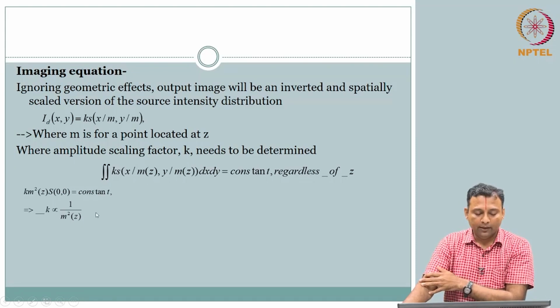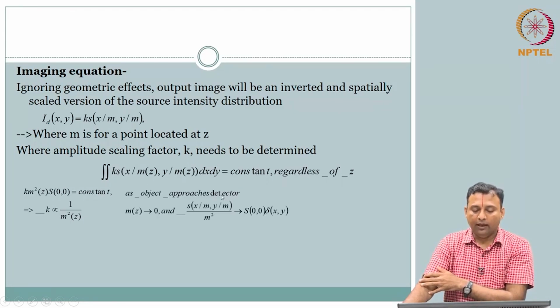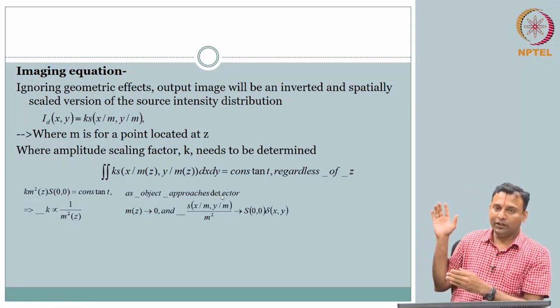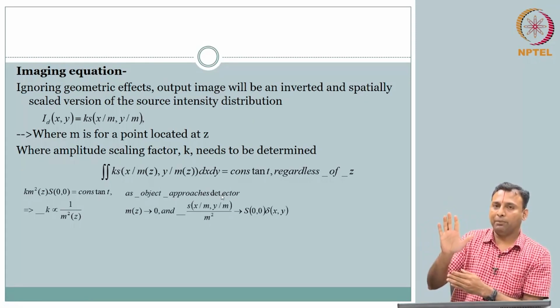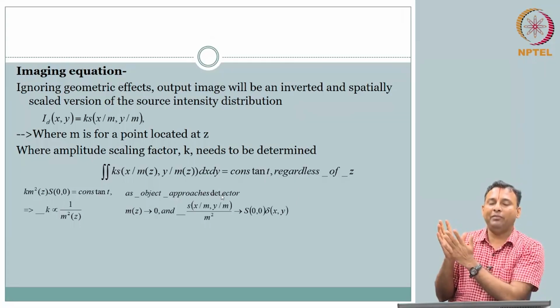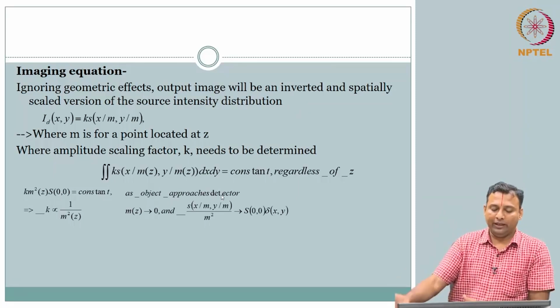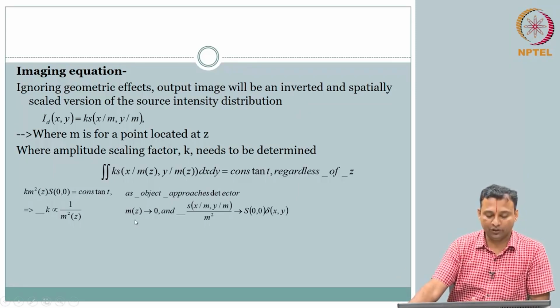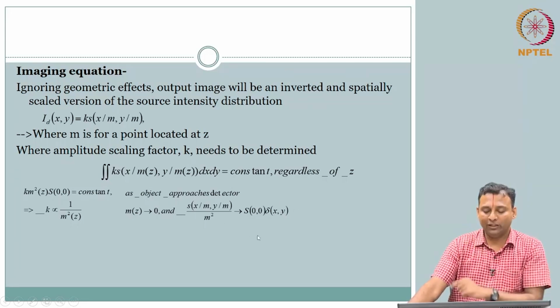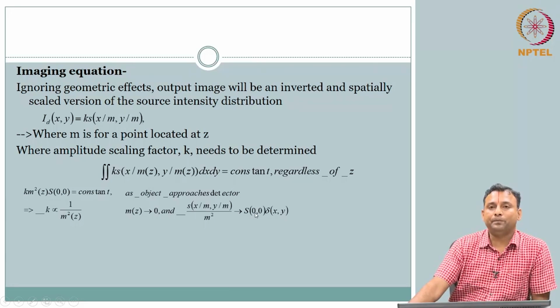Okay. Of course, in the best case, if your object approaches the detector, what is going to happen? If the object is approaching the detector, if I am on the detector, I do not have any magnification, right. So if it approaches the detector, we can write M of z tends to 0, that means essentially you have a delta at 0 comma 0, whatever is there, right.